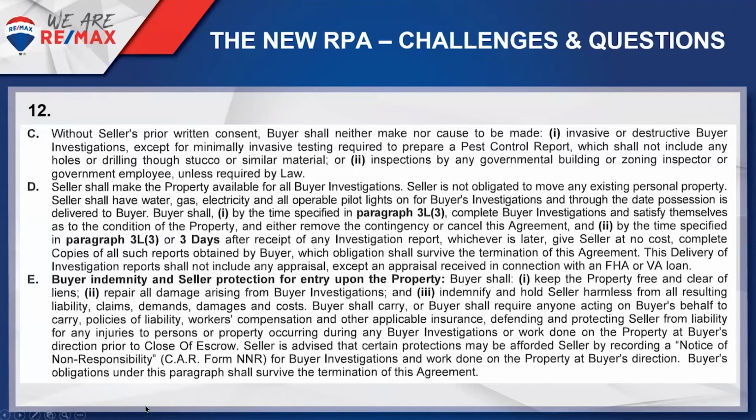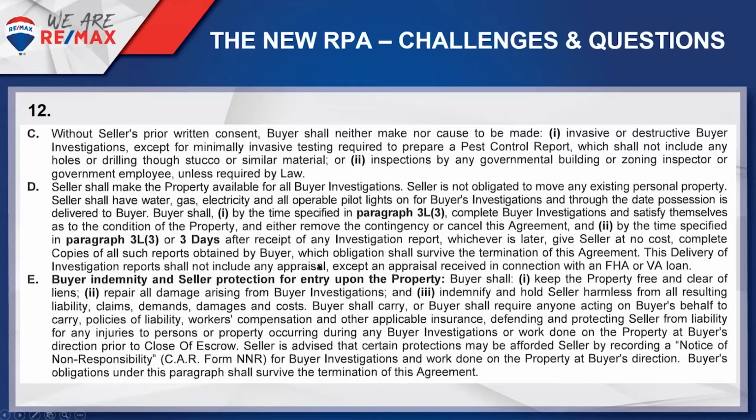Now, another thing I want to point out, and it's contained in paragraph 12, and that is that the seller is entitled to copies, 12D, right in here. Buyer shall give seller at no cost complete copies of all reports obtained by the buyer.